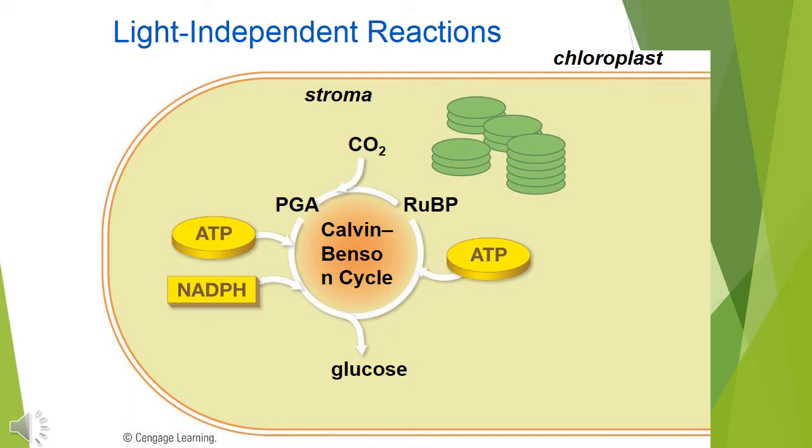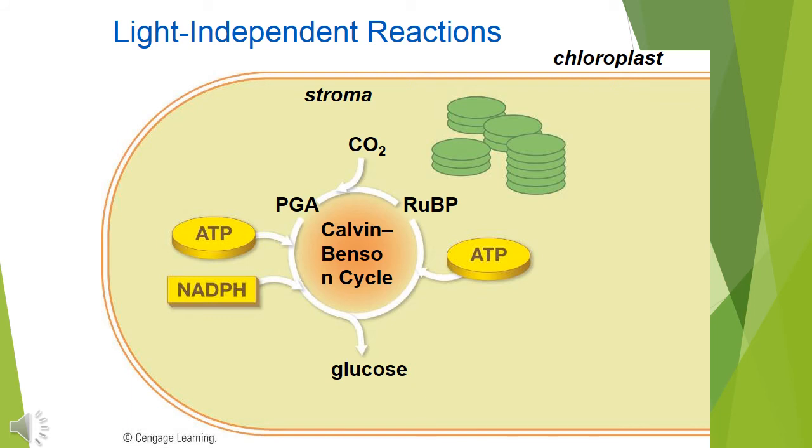And so it will take 6 turns of the Calvin cycle to fix 6 carbon atoms from the CO2. And then those 6 will require energy input from 12 ATP molecules and 12 NADPH molecules in the reduction step, and then 6 ATP molecules in the regeneration step. It has to do that all around in order to produce one glucose molecule.